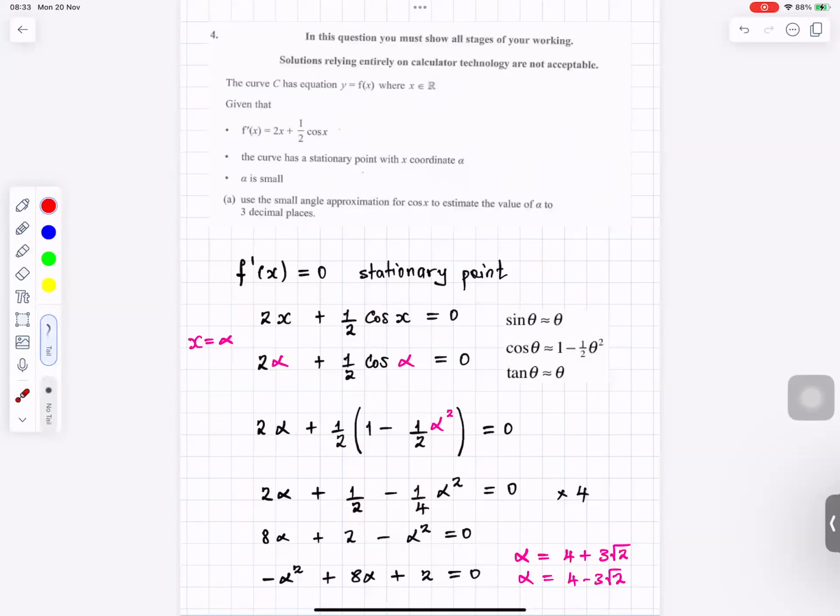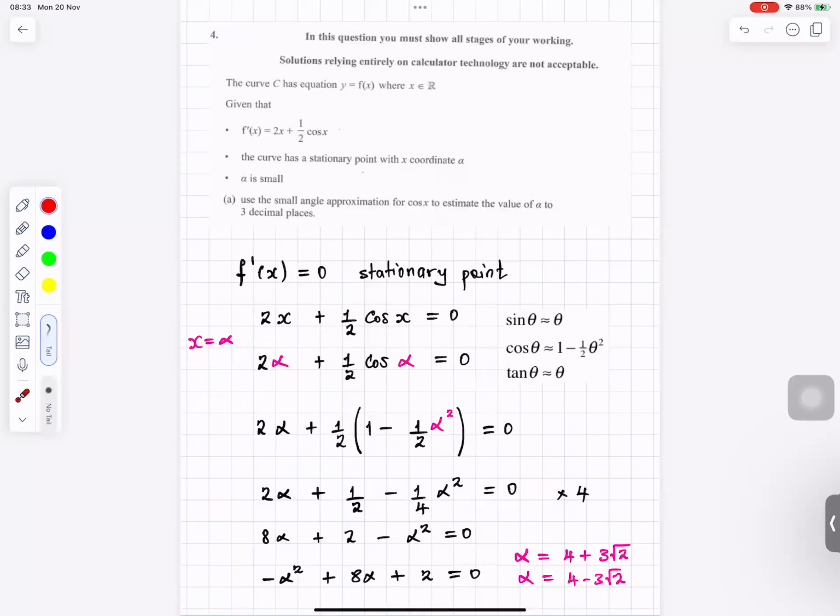So you put the whole expression equals to 0. But because we are using x as alpha, you replace x with alpha. So you haven't done anything strange, it's just replacing x with alpha.